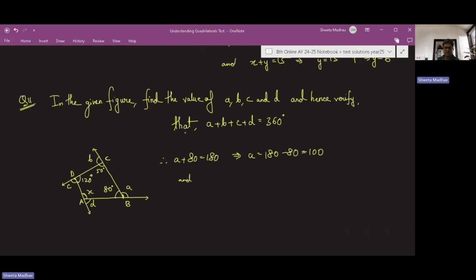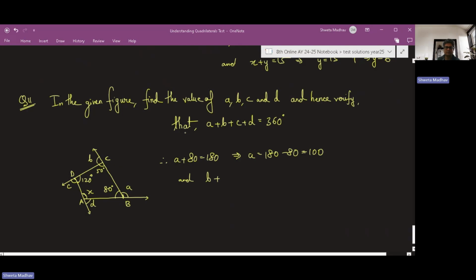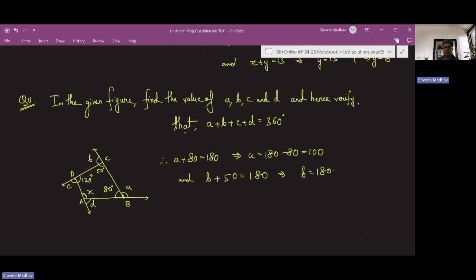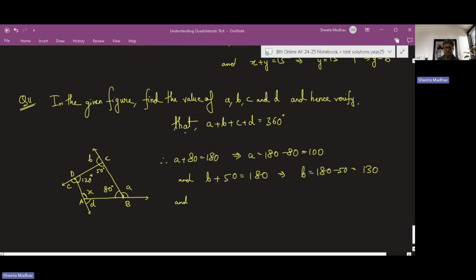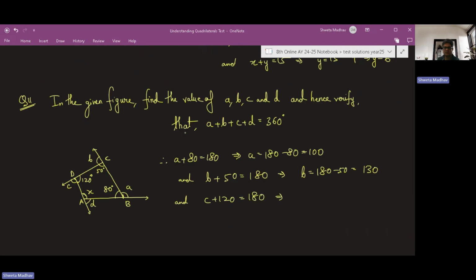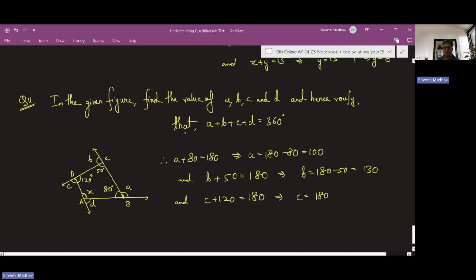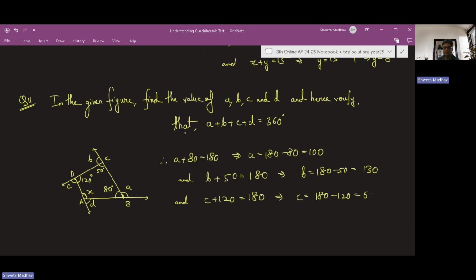And then B plus 50 will similarly be 180. So B will be equal to 180 minus 50, that is 130. And then C plus 120 is equal to 180. So therefore C will be equal to 180 minus 120, that is 60.